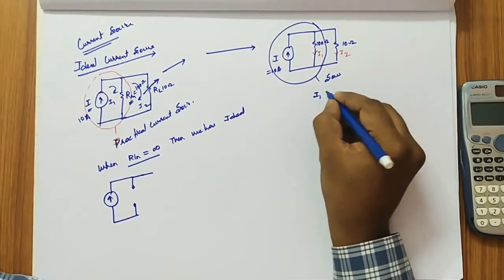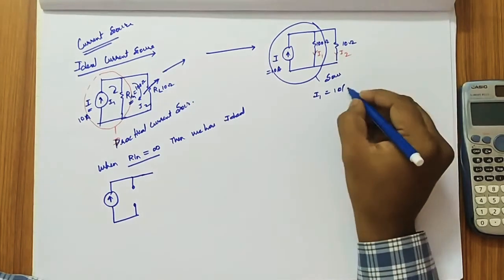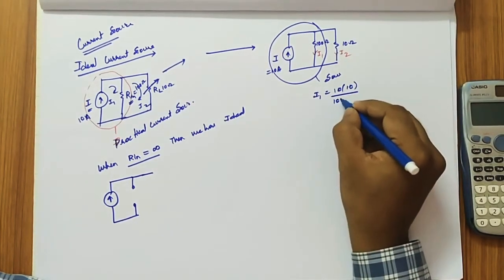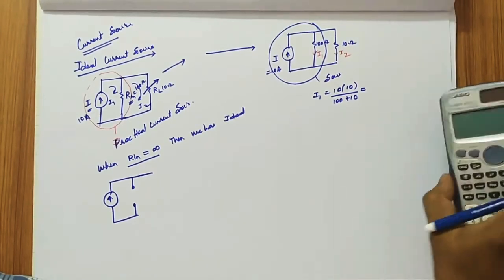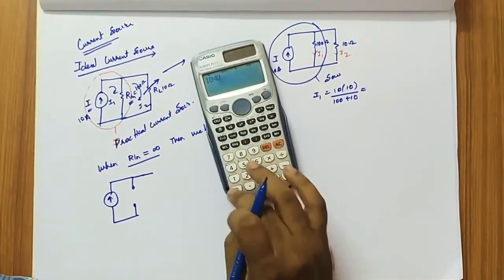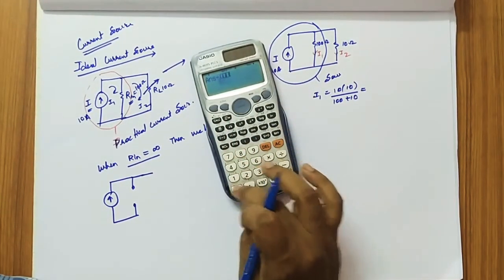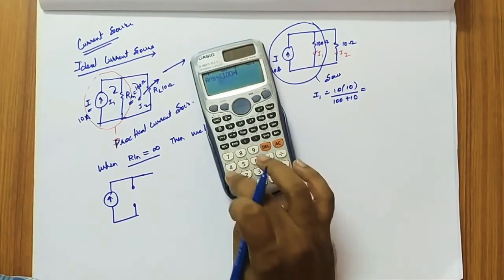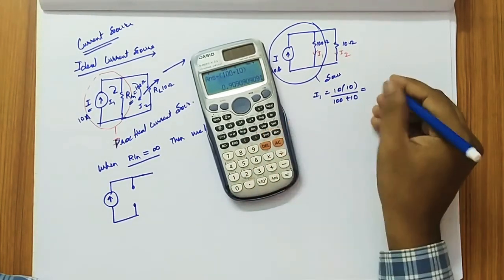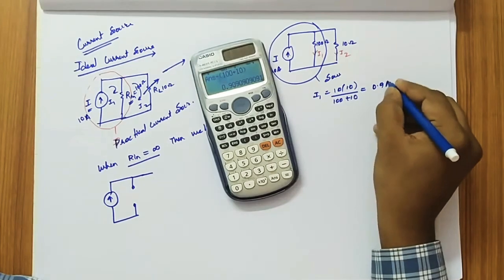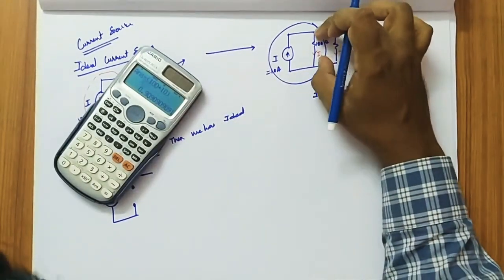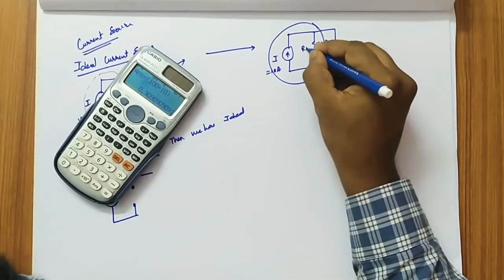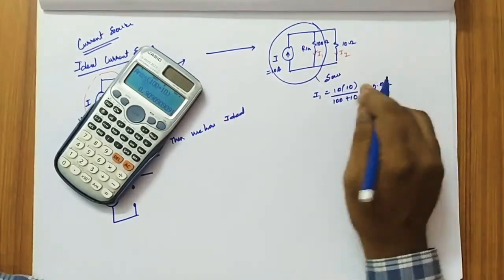So I1 equals 10 into the other resistance, 10, divided by 100 plus 10. So you get the value of 0.9 amp. For about 10 amps, the internal resistance is taking only 0.9 amp, which is comparatively very little.